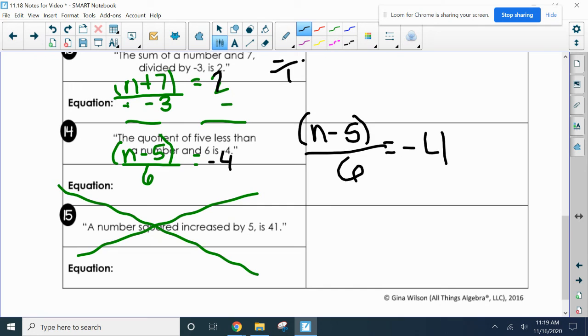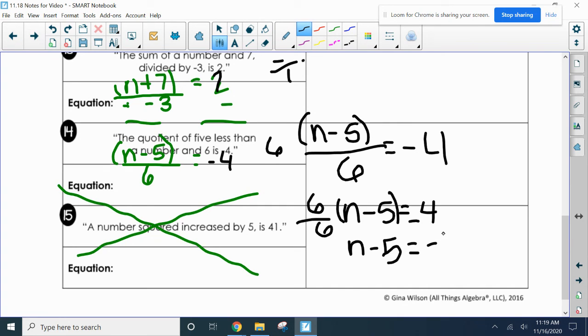We get rid of parentheses last because it comes first in order of operations and we're going backwards. So we get rid of division first by multiplying. So 6 over 6, n minus 5 equals negative 4. 6 over 6 is 1, so n minus 5, we're going to drop our 1, equals negative 4.